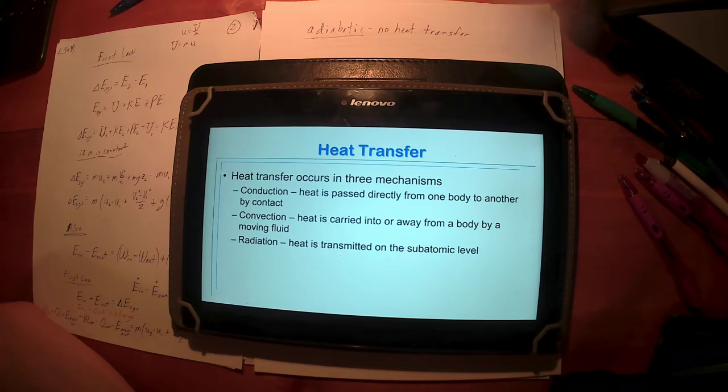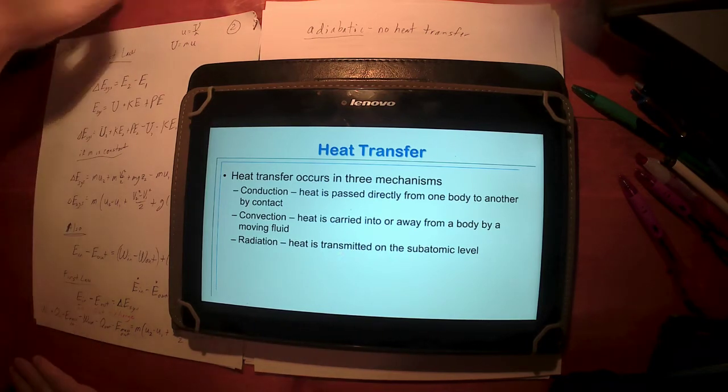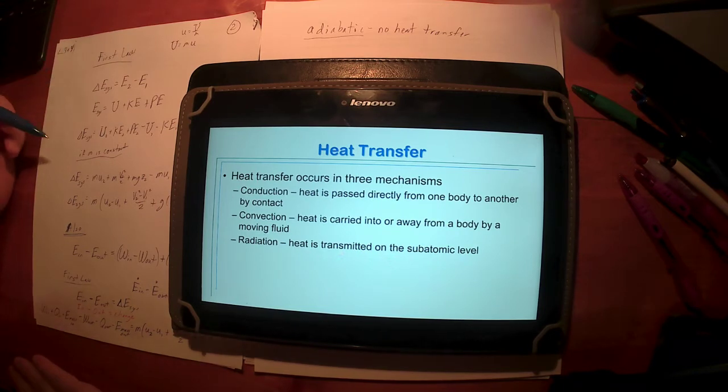So if the fluid is colder than whatever it comes in contact with, convection will occur where the fluid is cooling the object. Right? The fluid is moving heat away from the object. That's Q out. If the fluid is at a higher temperature, then it will add heat. It will put Q into whatever it comes in contact with.